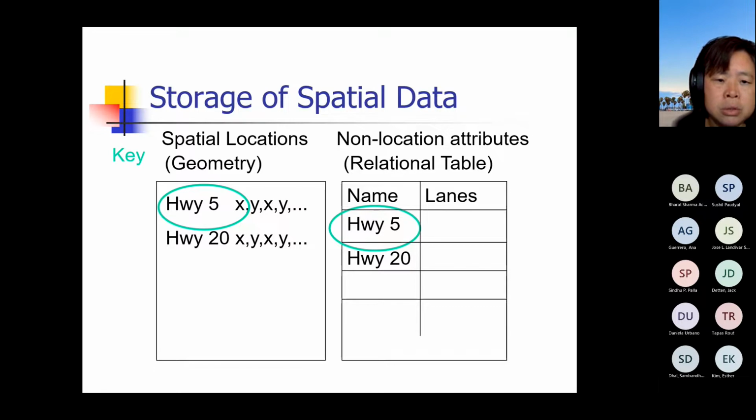Before we look at some examples, let's just say how spatial data is stored. No matter which software we use, recall for spatial data, we have 2 components, spatial location and non-location attributes. So when we store the spatial data, no matter whether it's point, line or polygon, we separate the spatial location and non-location attributes. We use the traditional relational database to store those non-location information like driver license, name, height, ID, whatever.